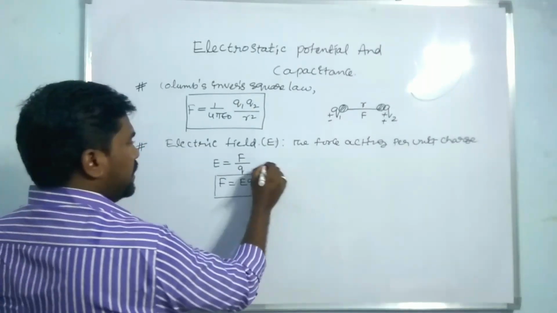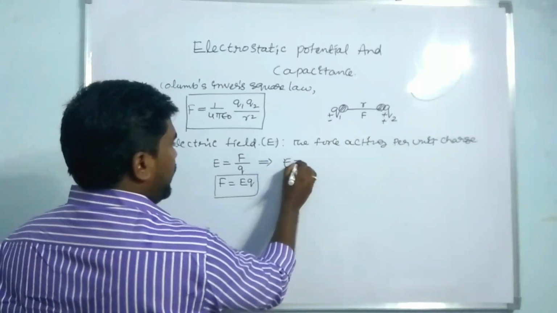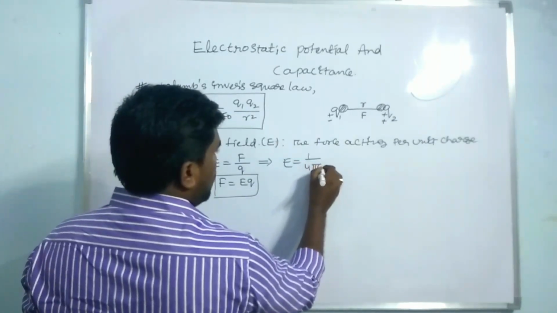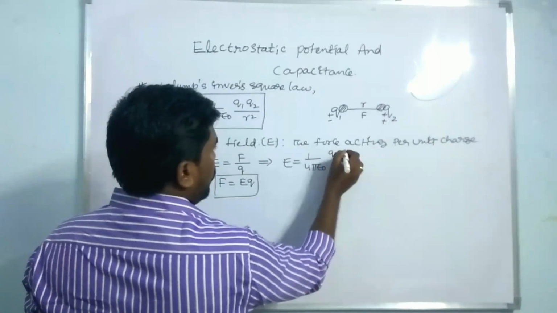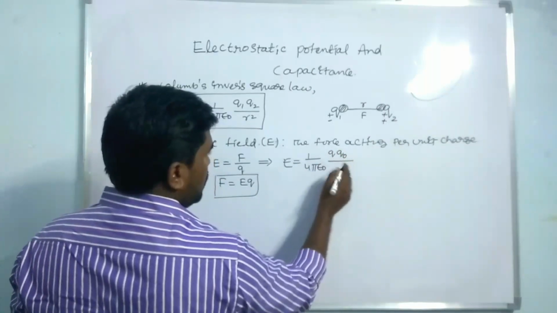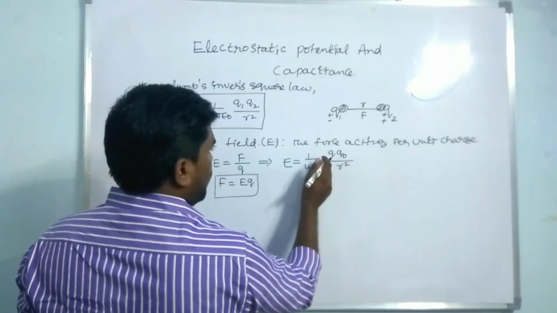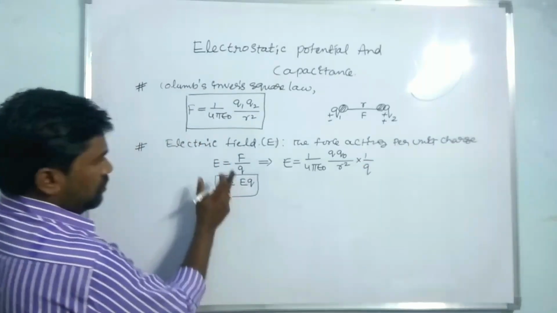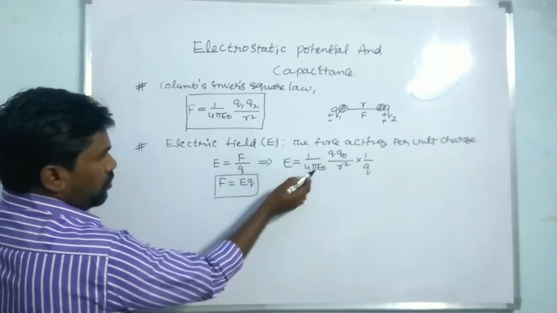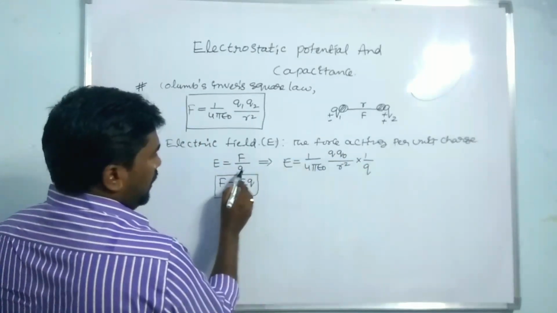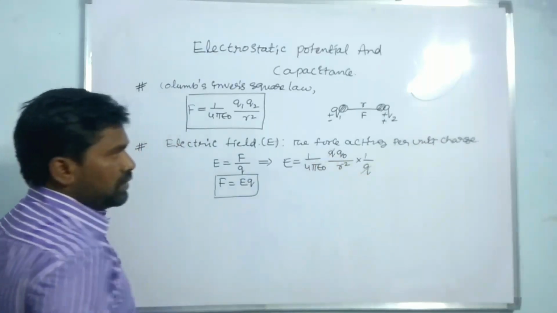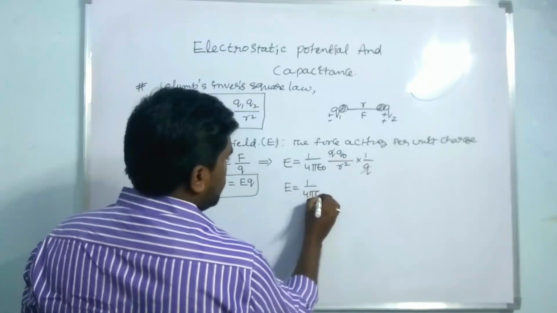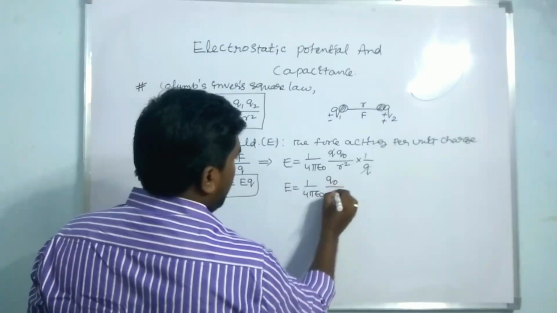And here we can write E is equal to F by Q, where F is equal to, as you already know, 1 by 4 pi epsilon naught Q naught Q by R square. So E is equal to 1 by 4 pi epsilon naught Q naught by R square.